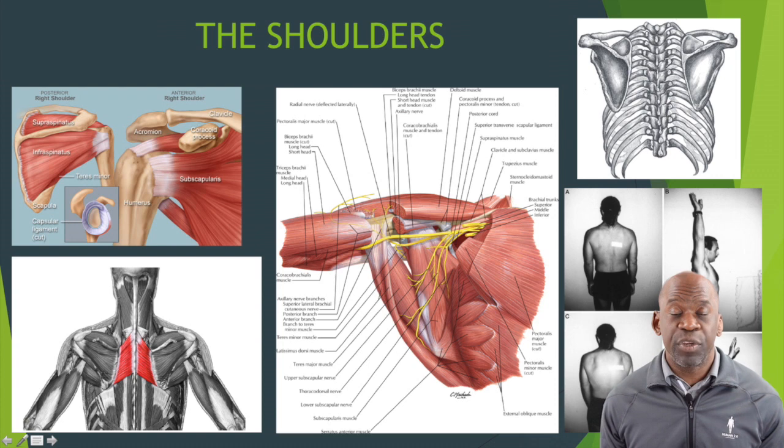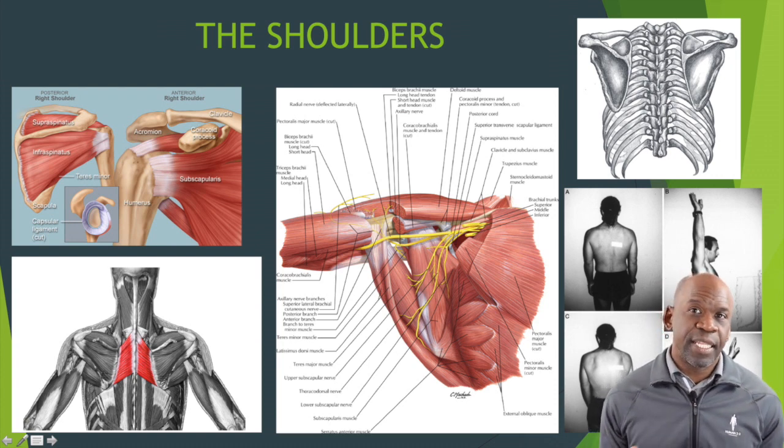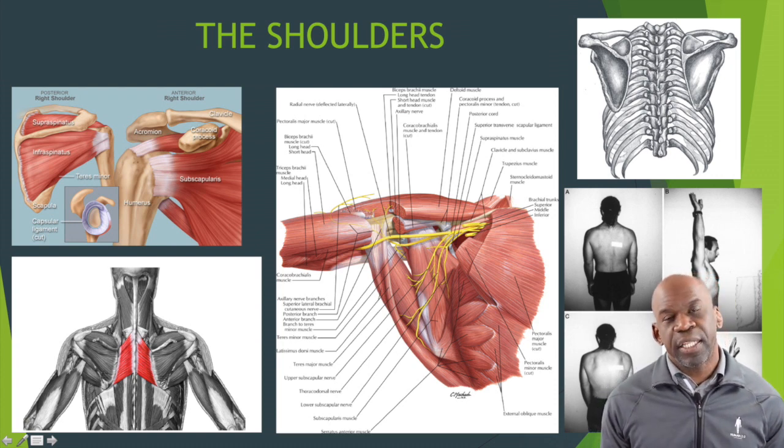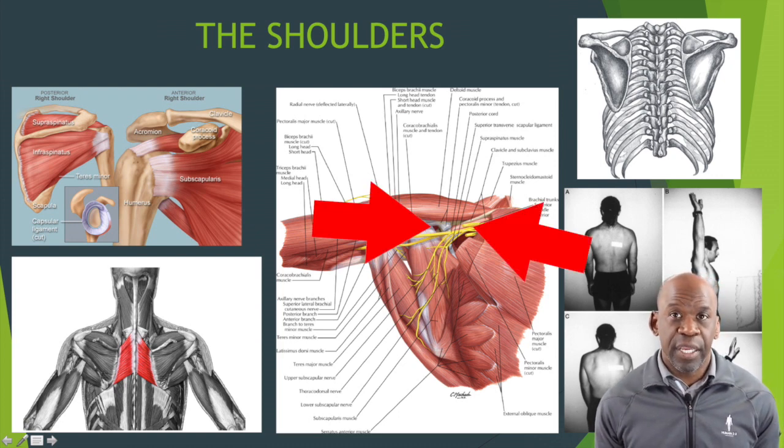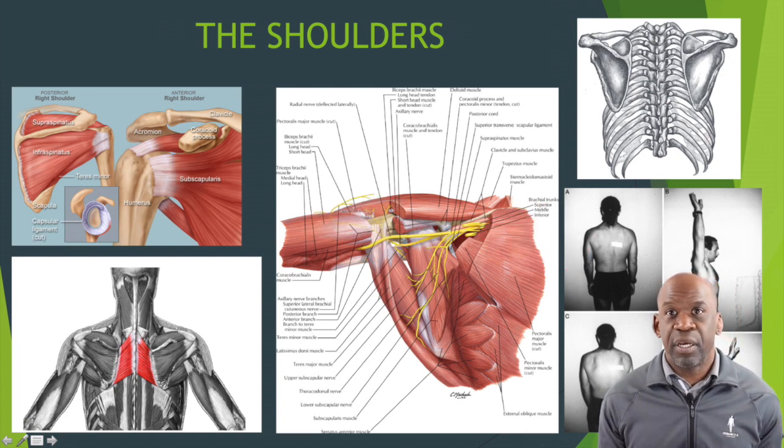The more tight and rigid these muscles become, the less likely they are to move, and the more likely they are to compress the structures of the blood vessels and the nerves, thereby altering the function downstream of the area of compression.